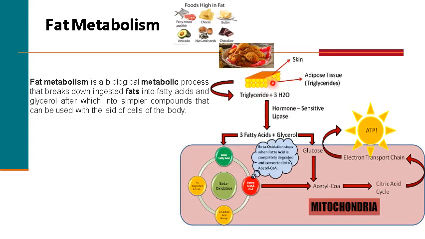As you can see in this picture, these are the dietary fats, and after digestion this food is stored in the adipose tissue, and from this adipose tissue the triglyceride is converted with the help of the enzyme lipase into three fatty acids and glycerol, and both undergo different pathways. We will learn in this class how these things happen in our body. So let's start.